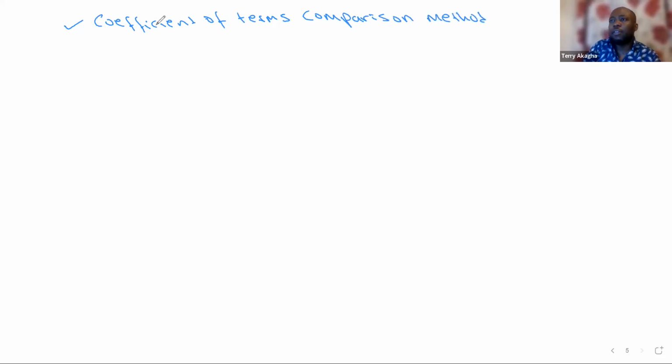Like I said, this is longer compared to the previous one, but it's not limited. So no matter the question, you can get the answer. In the worst case scenario, you might have 3 simultaneous equations that you're working with.